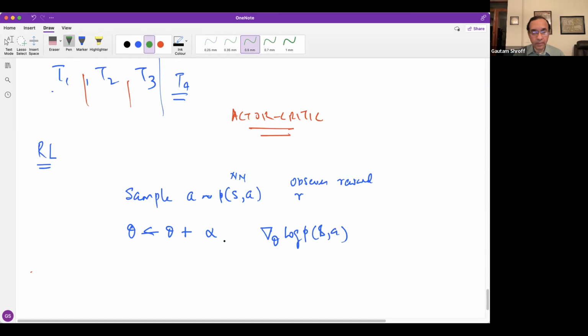Well, you say that, let me assume that there is another neural network, Q, which is an estimate for what the entire trajectory will give as a reward. Right?